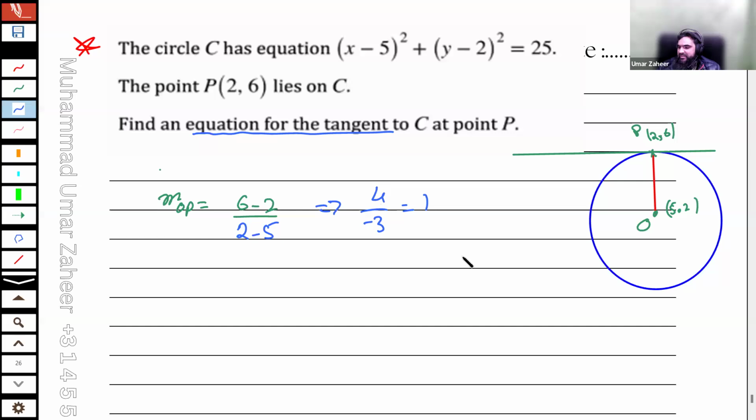Now, this is the gradient of the radius. Now we have to find the gradient of the tangent. That will be the negative reciprocal of the radius gradient. So it is minus 4 over 3, so it will become plus 3 over 4.